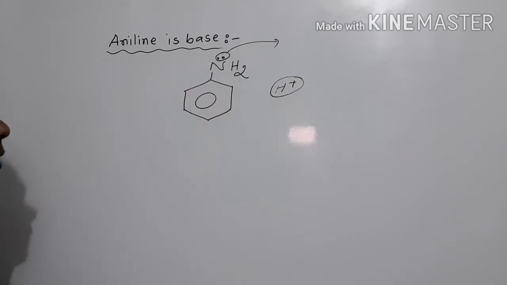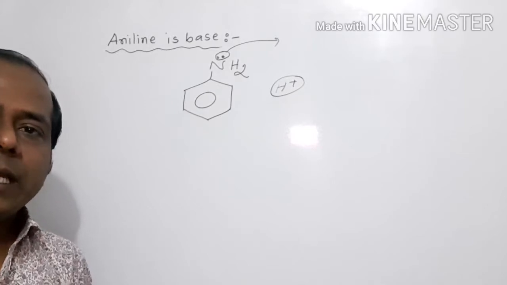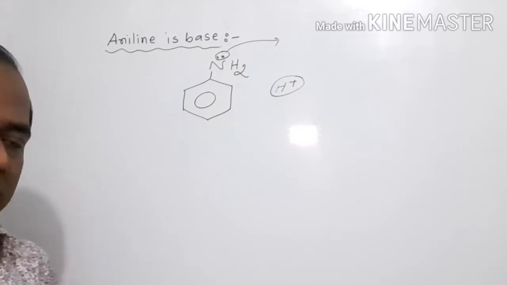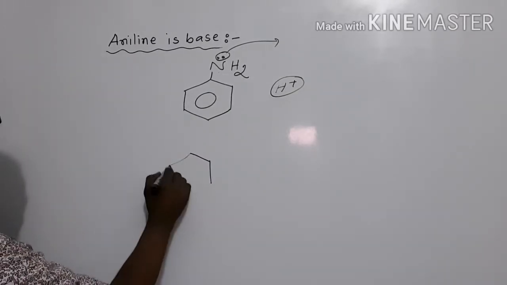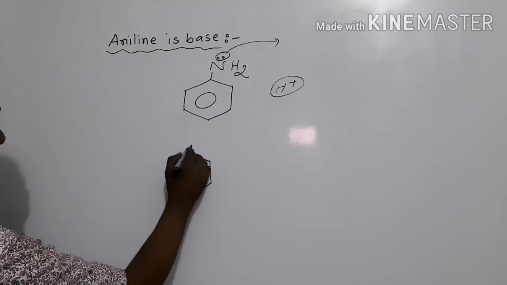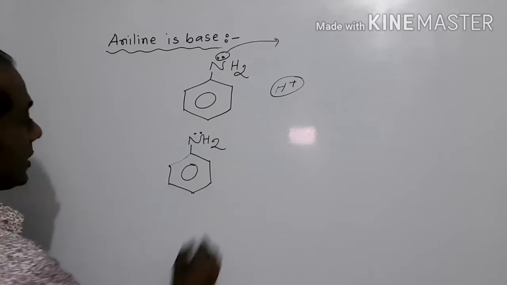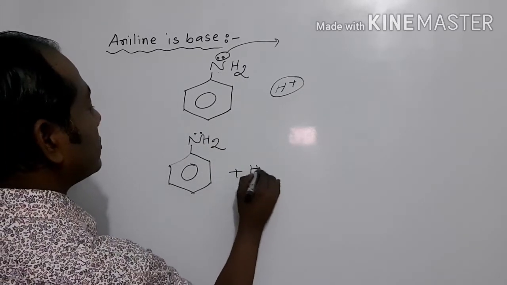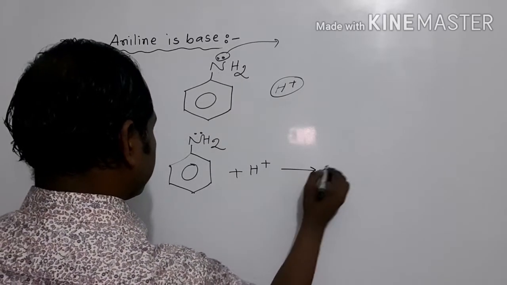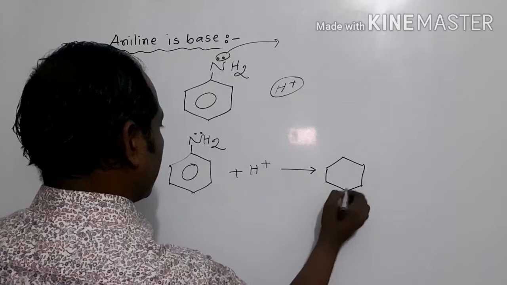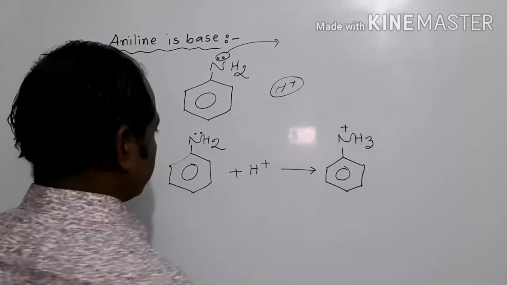the compound which can donate lone pair electrons is a base. Here aniline can donate lone pair electrons and accept hydrogen ion and produce anilinium ion.